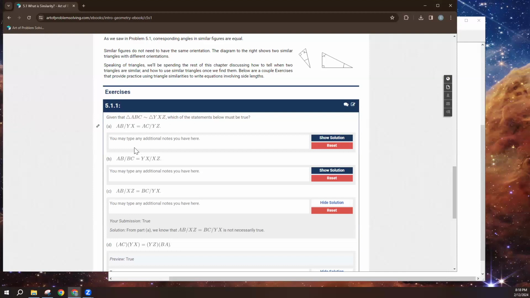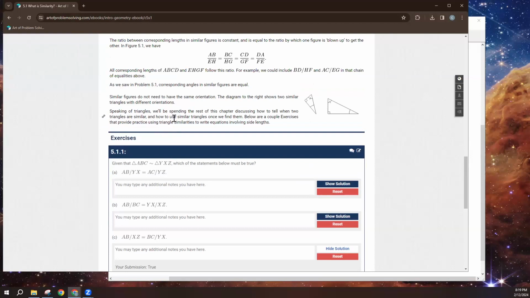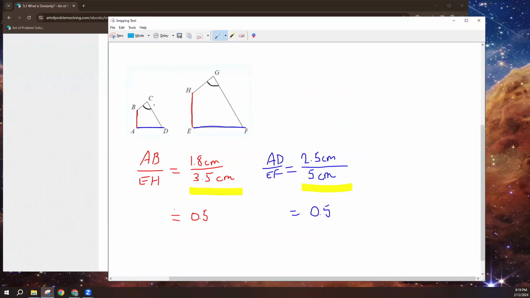So why don't we see if we can apply some of this. Let's see, I would really like to make this a bit bigger, but I don't think I can. Okay, so another thing, and again, you can always stop me or give me a thumbs up if you already know this: just like when we are describing an angle, if I want to say angle B, then I would use this sort of symbol.